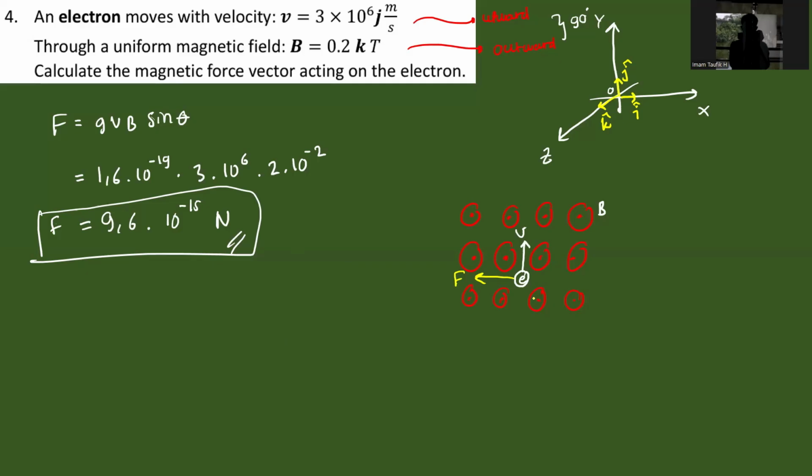From the second right hand rule, you can get the information for the force. It's directed rightward, right? But because this is an electron, the case will be different, so the force will be directed leftward.